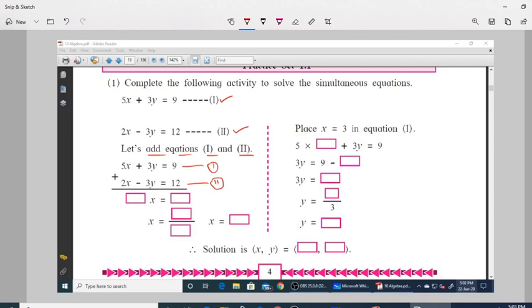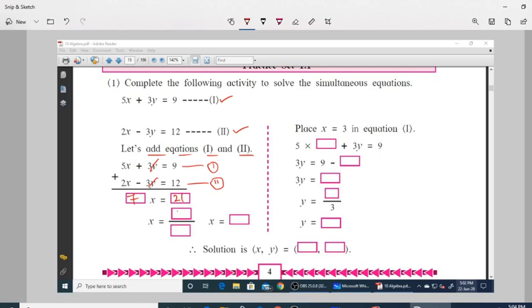This is 5x, this is 2x, so it will give me 7x. And this plus 3y minus 3y will become 0, so no need to take this y. So 9 plus 12 will give me 21, so this box can have 21 and this box can have 7.